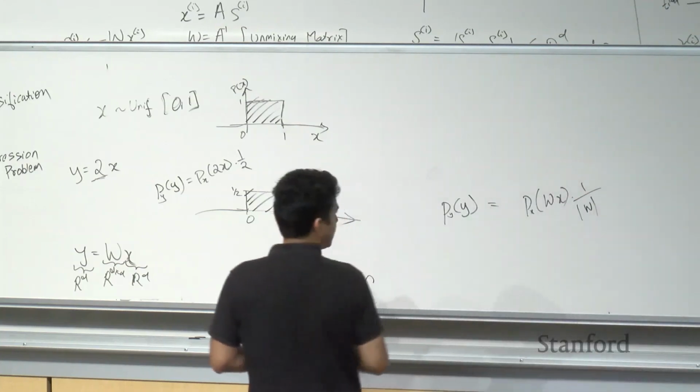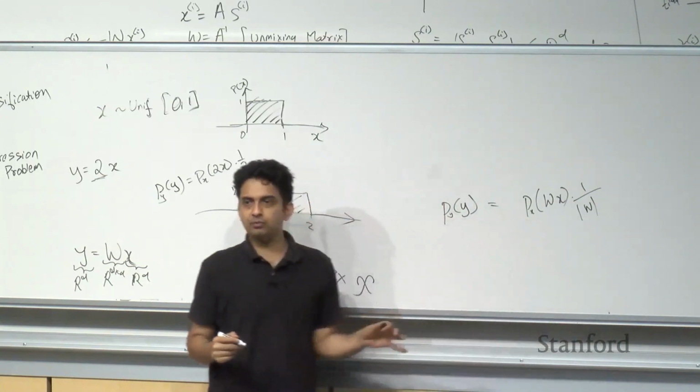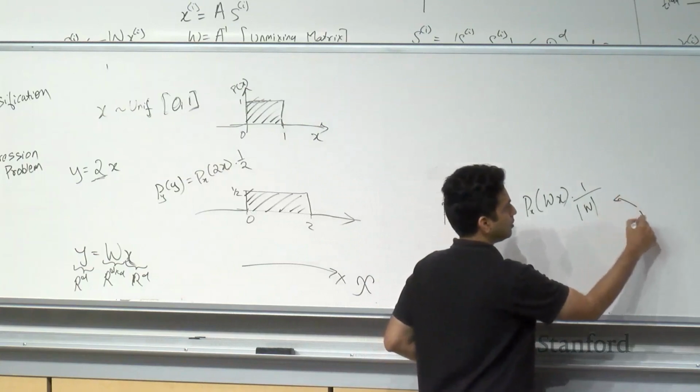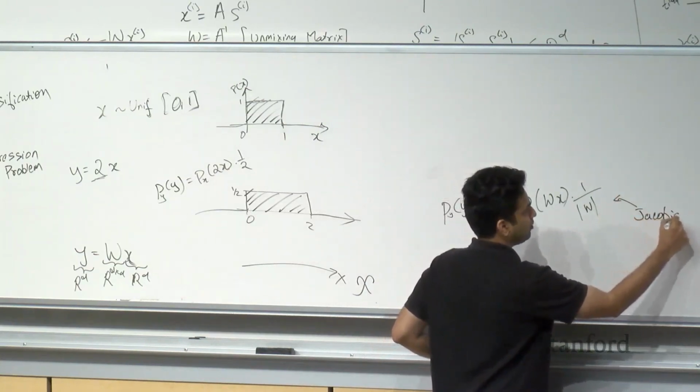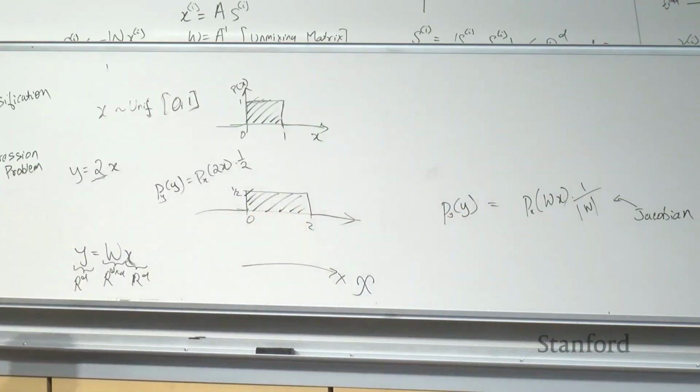This determinant of w, you might have seen this from your probability theory course. This is also called the Jacobian. So whenever you perform a change of variable of your random variable, the density will be transformed according to this extra Jacobian. Right? Yes, question?